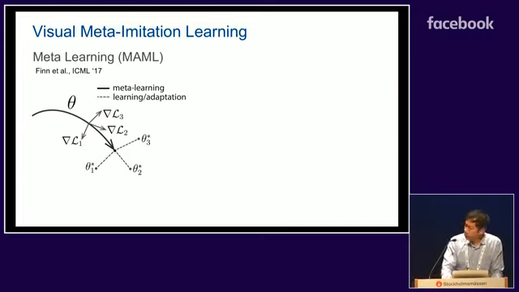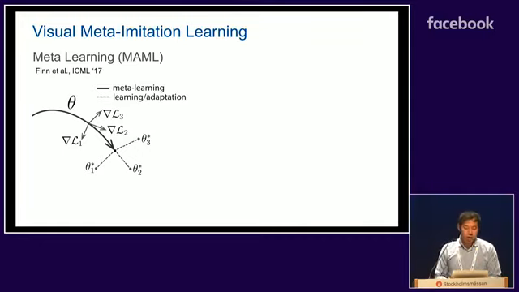Perhaps the algorithmic framework can be made clearer by viewing one-shot imitation learning through the meta-learning lens. And the key idea from 2 papers by Finn et al. in 2017 is to view multiple policies for related tasks as sharing common initialization parameters theta, which is the policy parameters that we are going to find.